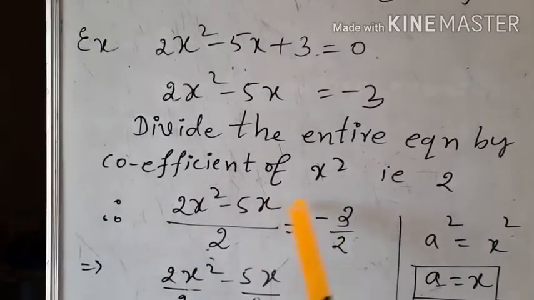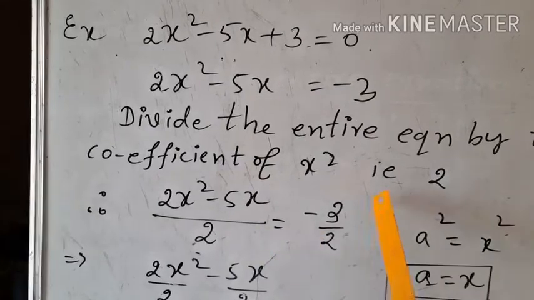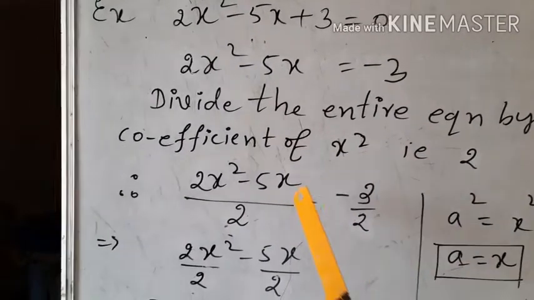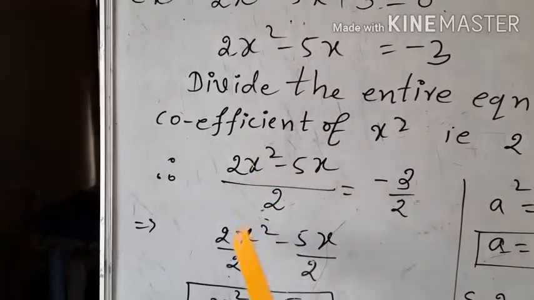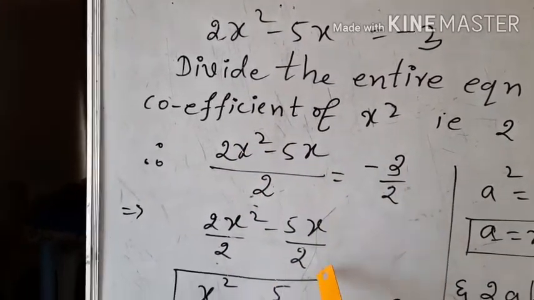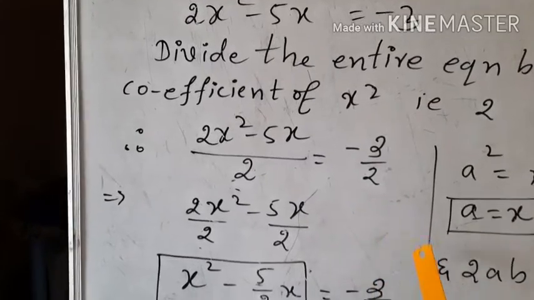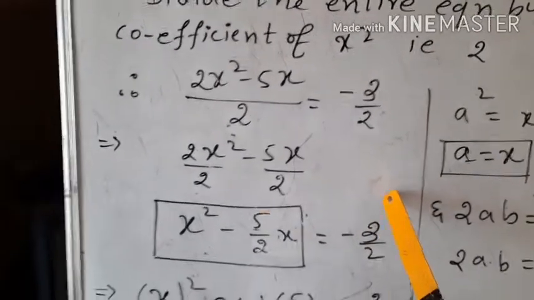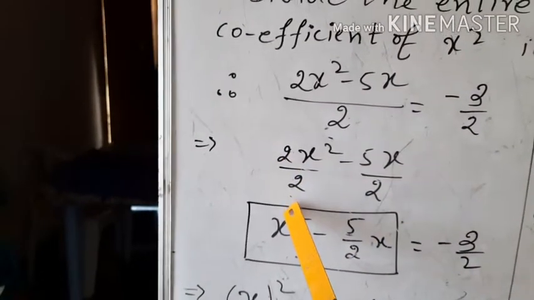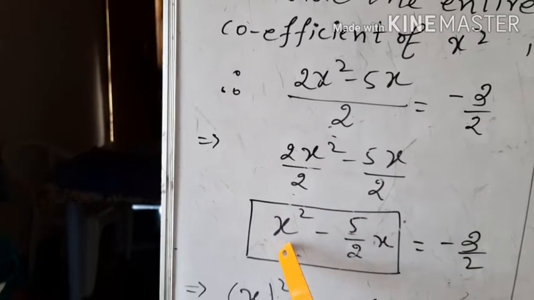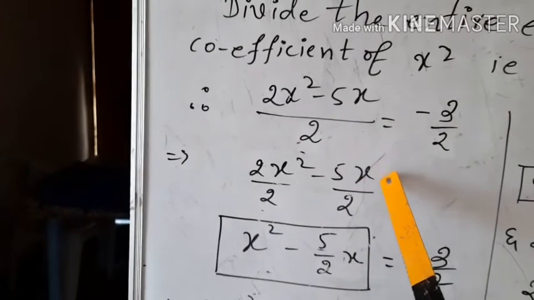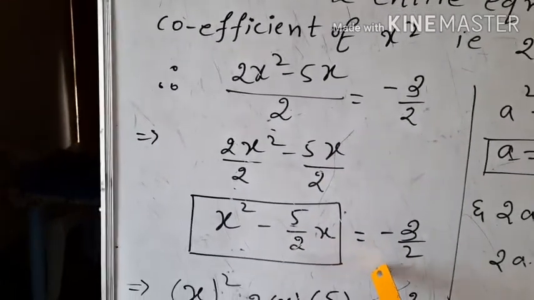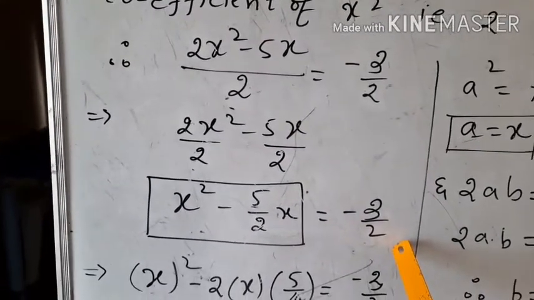So, it is 2x square minus 5x, by 2, is equal to minus 3 by 2, right? Here it is a polynomial by monomial case. Therefore, 2x square by 2 minus 5x by 2 is equal to minus 3 by 2. Now you see, this 2 and 2 will get cancelled. Therefore, x square. Now the coefficient of x square became 1, right? Minus 5 by 2 x is equal to minus 3 by 2, right?